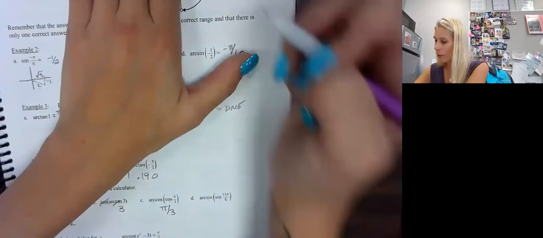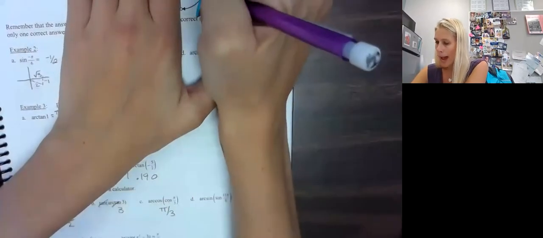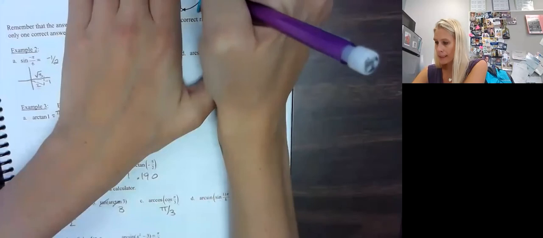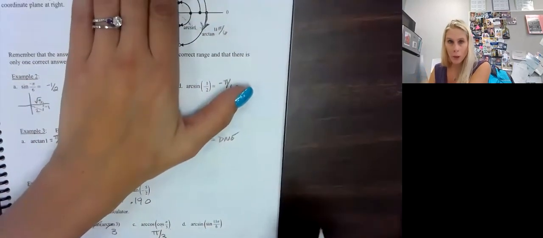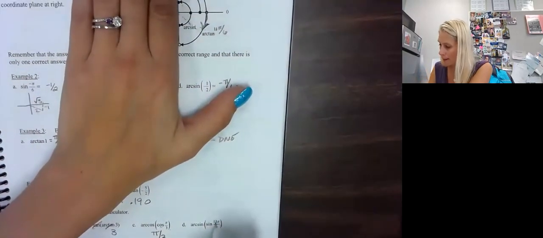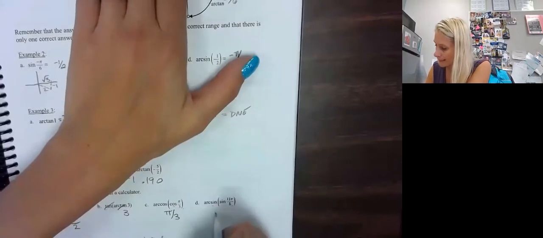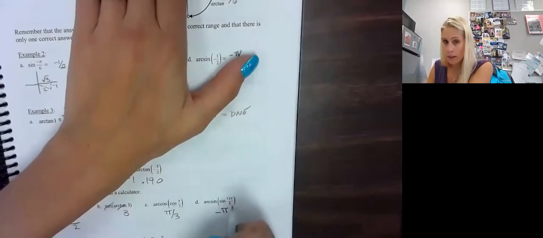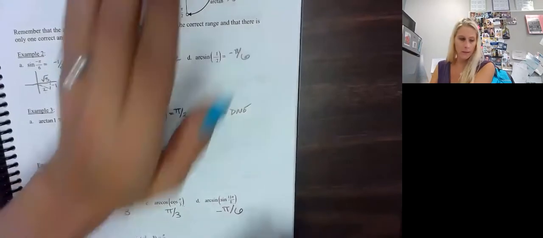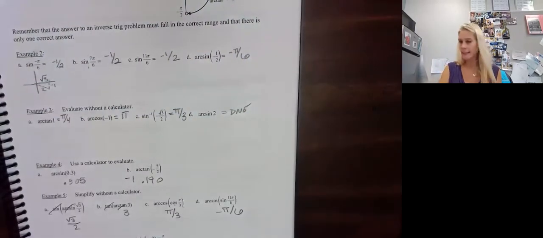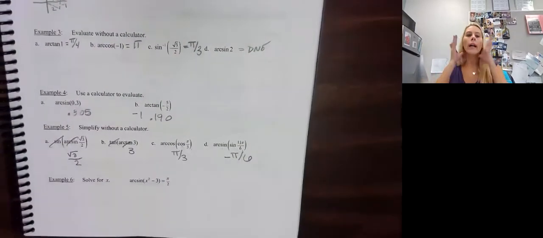So I'm not going to put 11 pi/6, but I'm going to go backwards, clockwise, to see what I can do with negative. And 11 pi/6, going clockwise, is negative pi/6. Craziness, huh, guys?